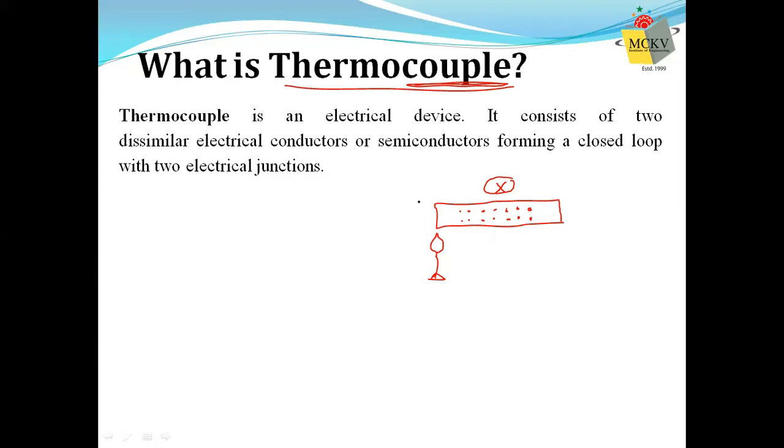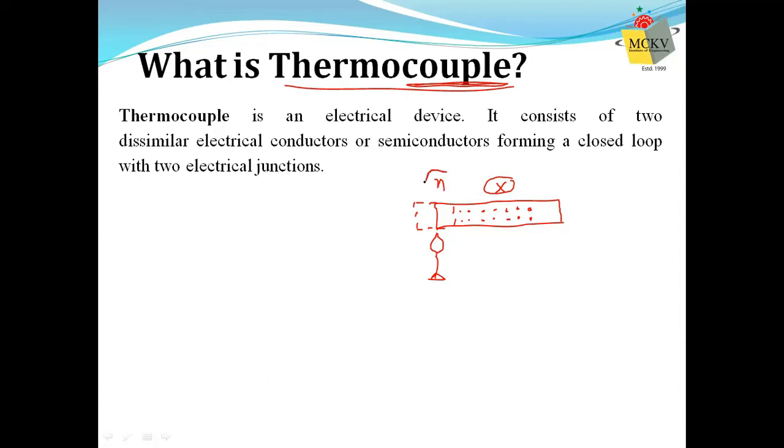Let me give you a hint. This side will expand a bit. Isn't it? Thermal expansion. This side will expand as compared to the cooler end. So if this side expands, let us say the number density of electrons is N. Number density means the number per unit volume.